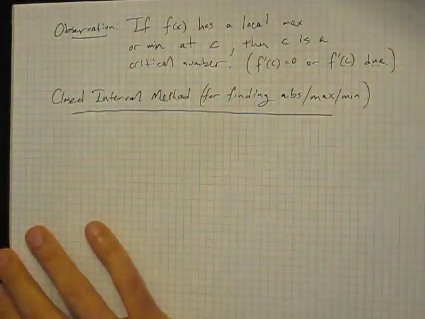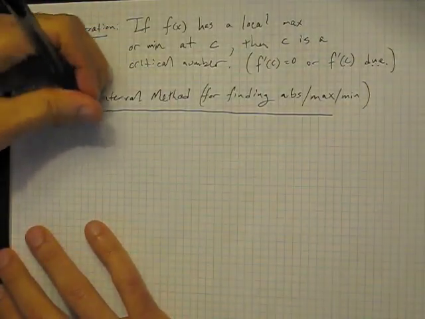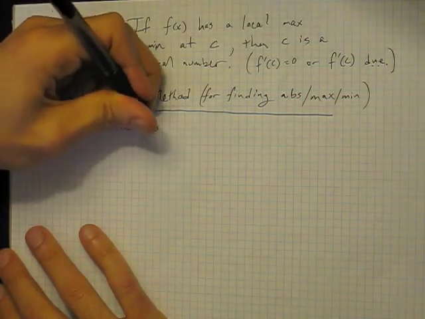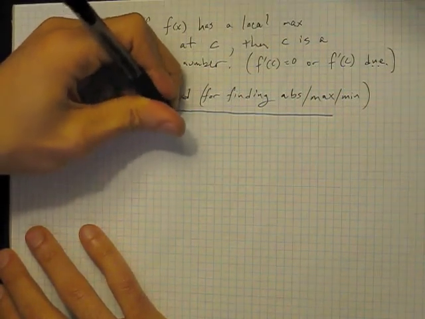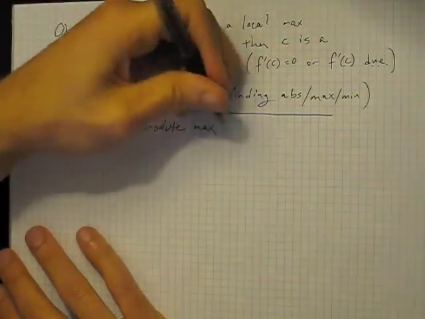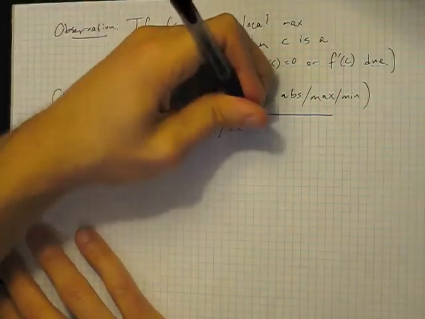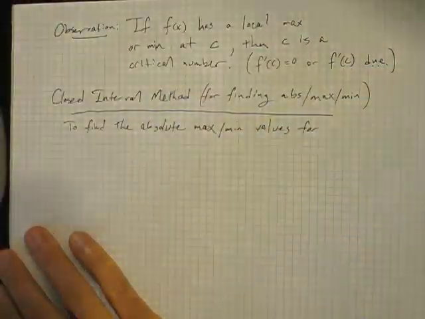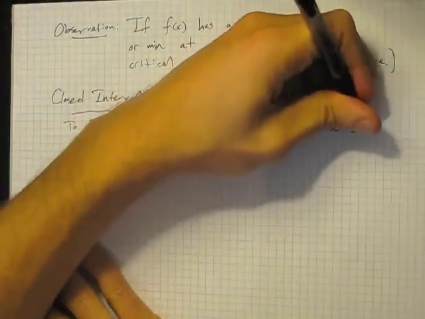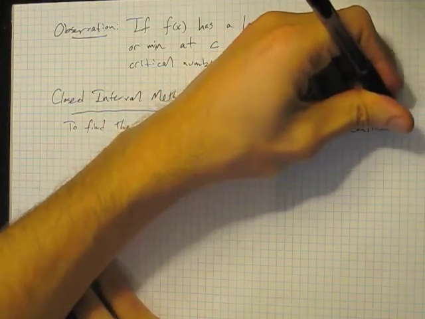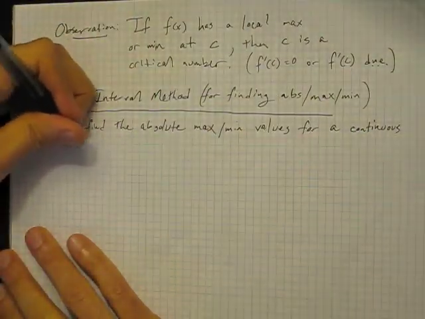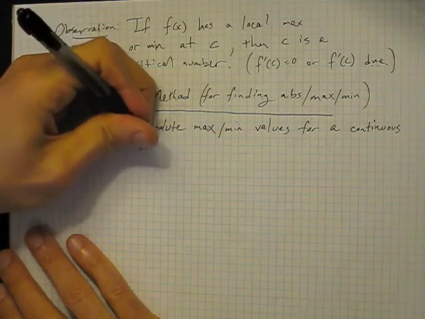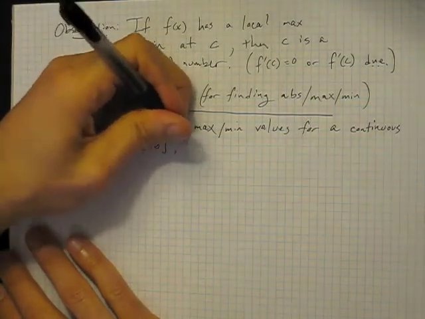So the question is to find the absolute max and min values for a continuous function on the interval from a to b. We would do the following.